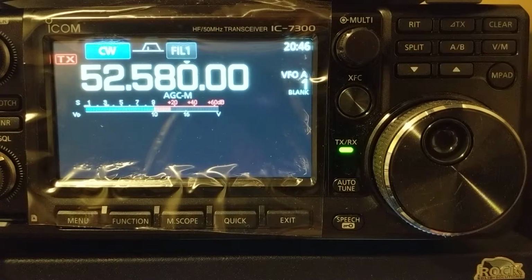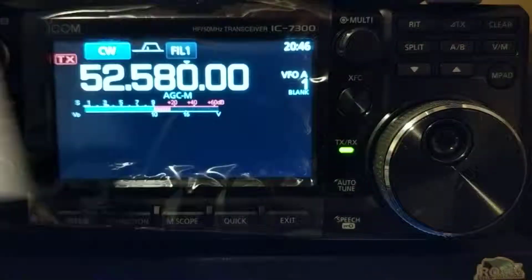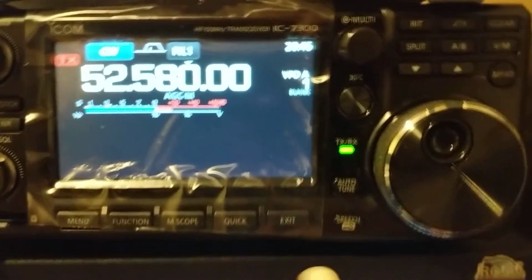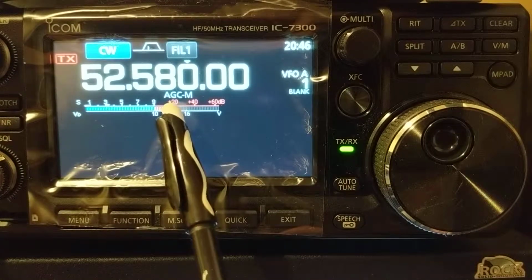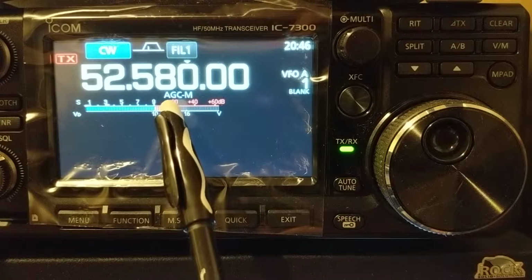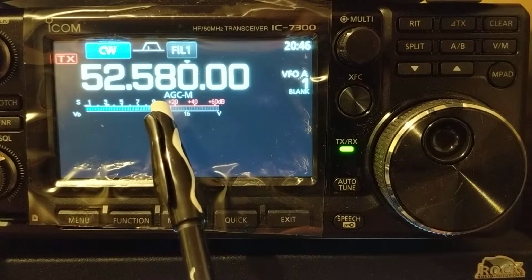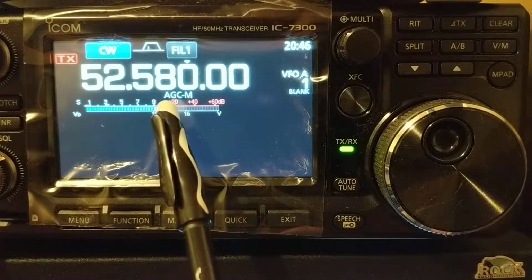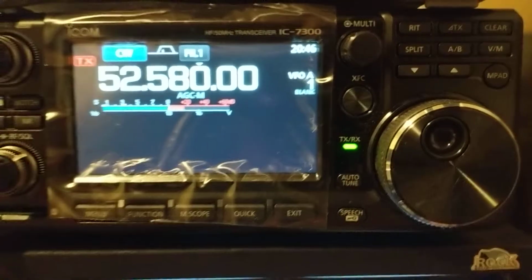According to the number, I'm supposed to get S9 plus 23. Is this S9 plus 23? This is S9 plus 20. It's not 23. This is 10, so about 18 here. So S9 plus 18.